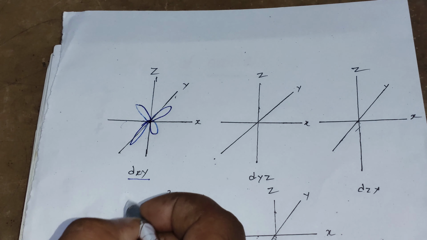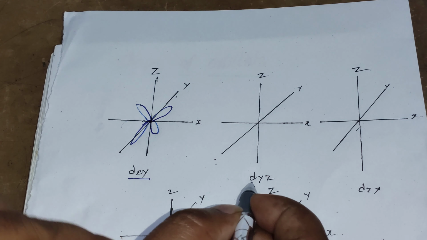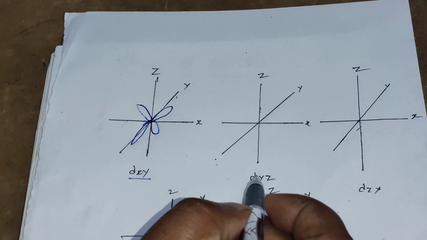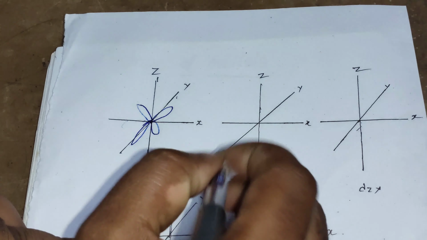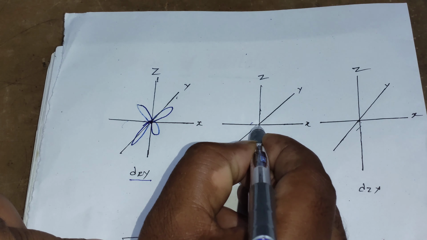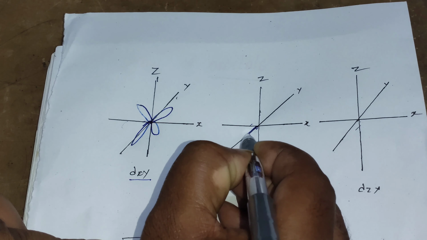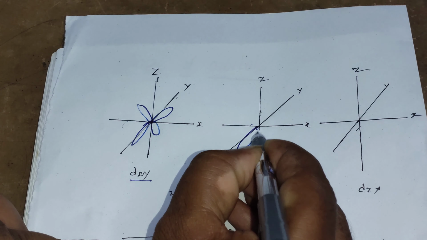Then the dyz orbital, here it is the y-axis and here the z-axis. The orbitals lie between the axes, so you can draw the diagram like that.